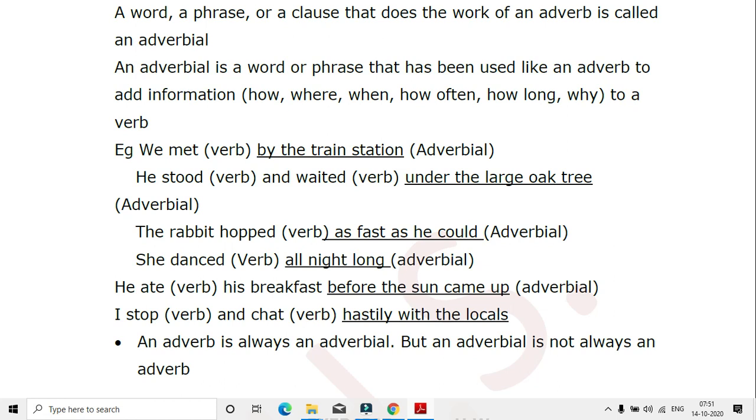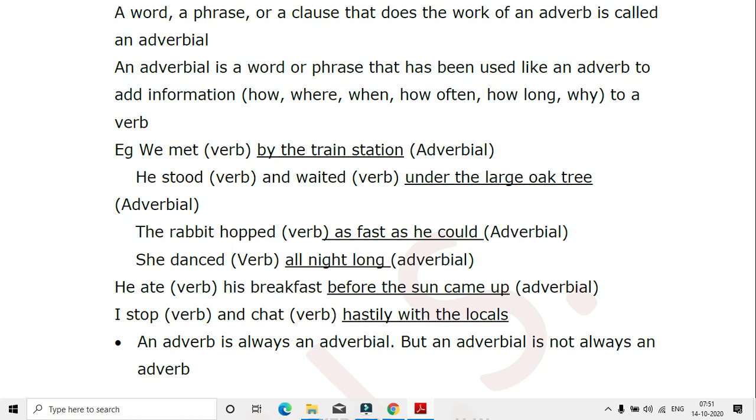An adverbial is a word or a phrase that has been used like an adverb to add information. So when you see an adverb, it tells you more about the action, whereas an adverbial will be a whole part of a sentence, many words which tell you more about the action. Not just describing the action in one word, describing the action in many words.